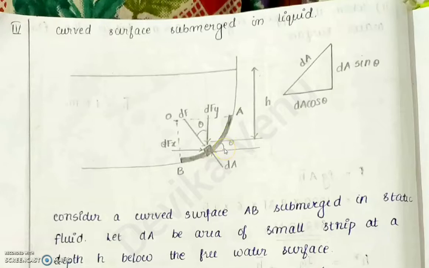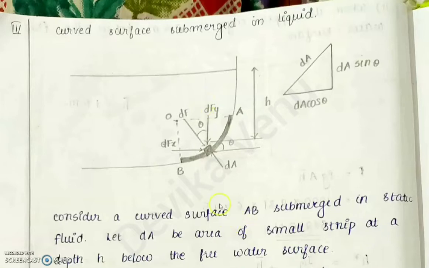From the law of trigonometry, the angle between two lines is the same as the angle between their perpendiculars. Using that rule, you can find the angle of dF with the vertical, which is theta itself. Here dF can be resolved into dFx and dFy: dFx is dF sin theta and dFy is dF cos theta.